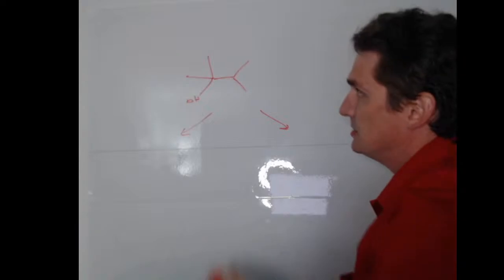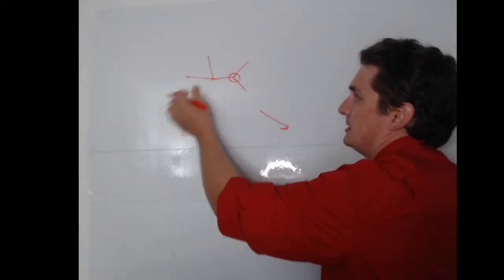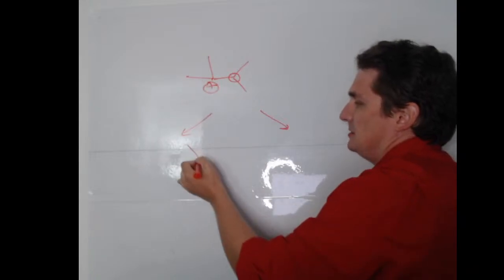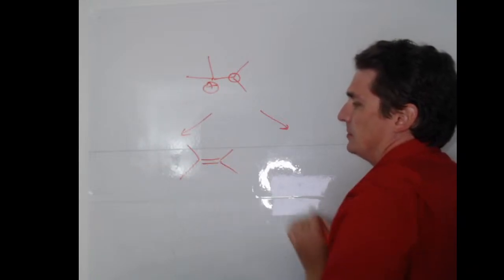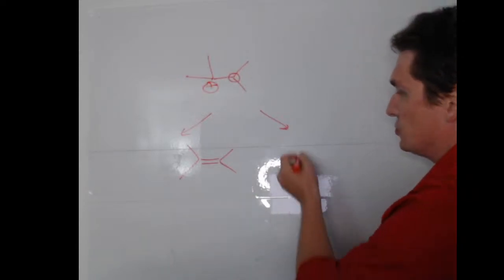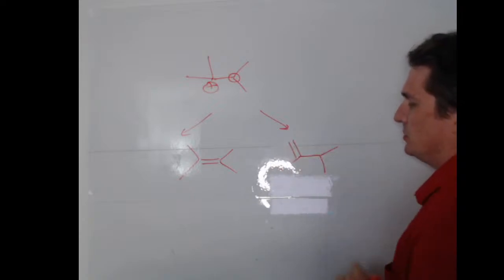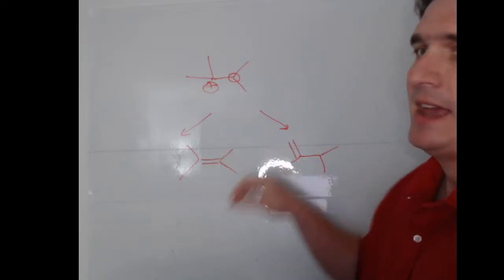If we do elimination, the major product is going to follow Zaitsev's rule. We have a hydrogen here, so when we form this carbocation for elimination, this is the most likely one. That said, you will isolate a trace amount of the non-Zaitsev product, which is the alkene going up.